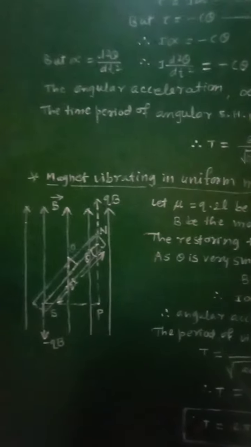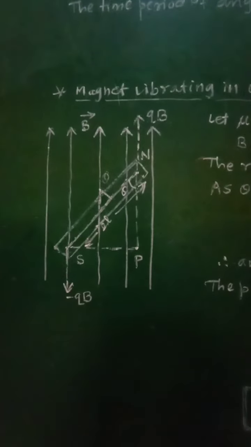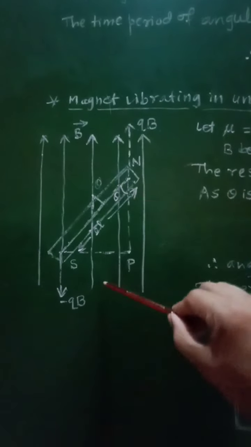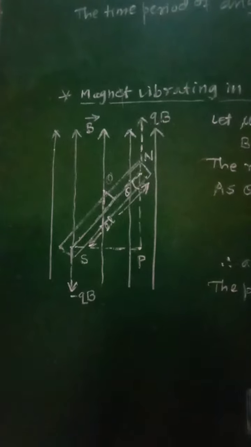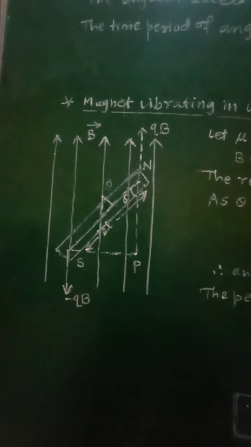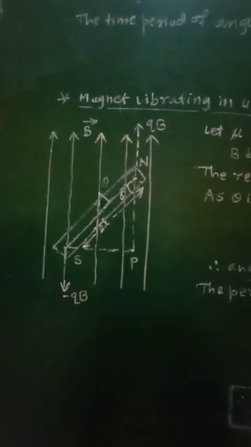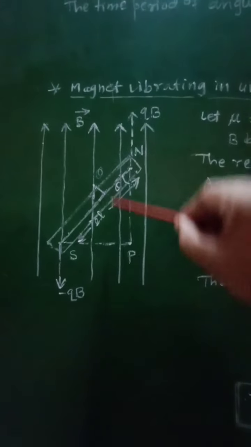When a bar magnet is freely suspended in a uniform magnetic field, then it remains in its equilibrium position with its axis parallel to the direction of the magnetic field.